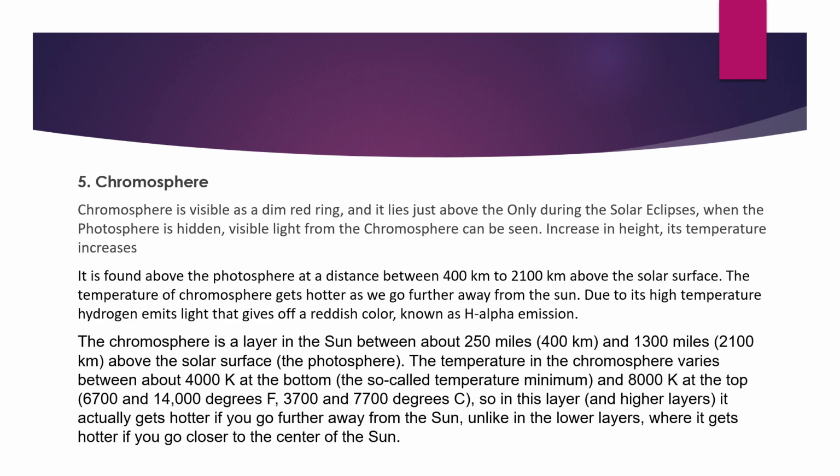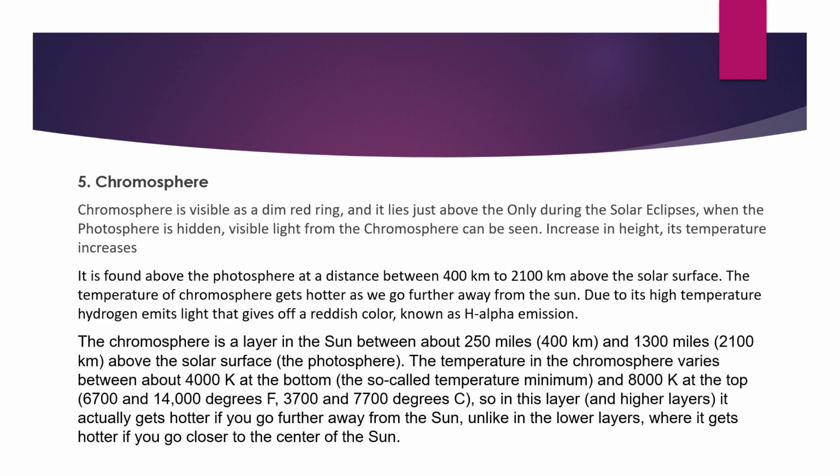The chromosphere is a layer in the sun between about 250 miles, approximately 400 kilometers, and 1300 miles, approximately 2100 kilometers, above the solar surface, the photosphere.